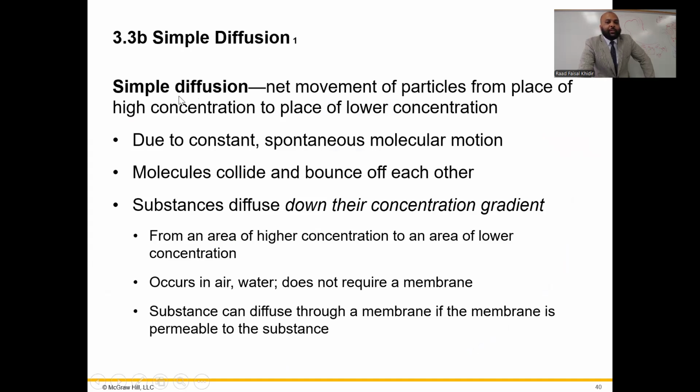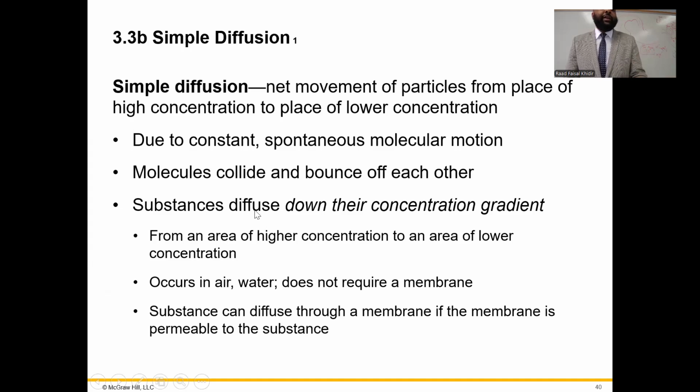So in simple diffusion, the net movement of particles is from a place of higher concentration to a place of lower concentration. That is due to constant spontaneous molecular motion. We talked about that, the kinetic energy. And the molecules collide and bounce off of each other. So substances diffuse down a concentration gradient.